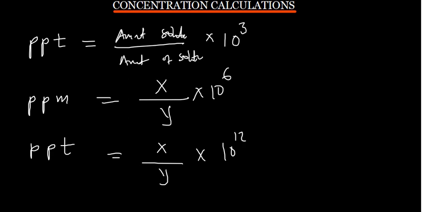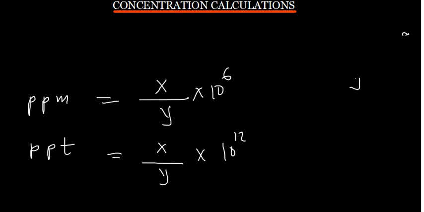You also have parts per billion, which is amount of solute over amount of solution times a billion. A billion is 10 to the power 9. So just make sure that if on top you have got mass, down you should have also mass, and they should be in the same unit. These are expressions of concentration which you are going to come across.